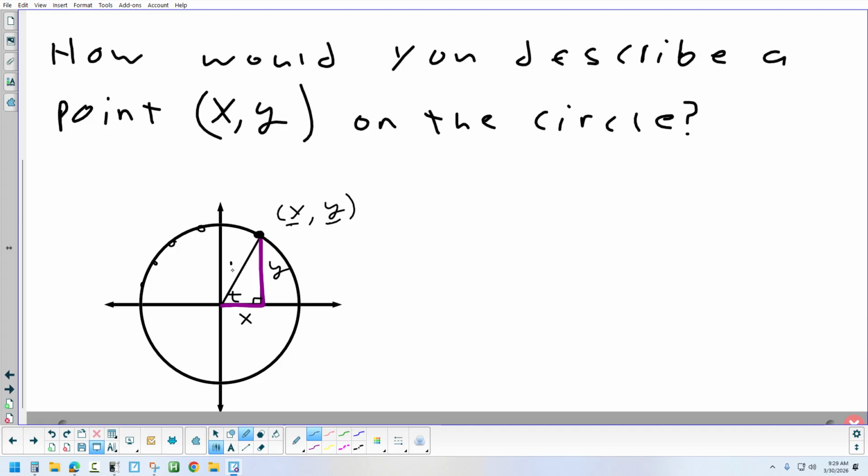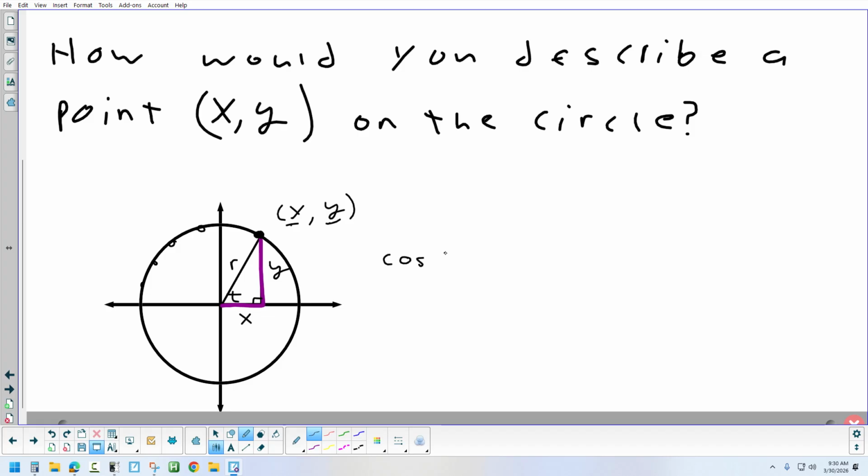Now, I don't know the radius of this circle. Could be any radius I want. Let's just call it r. What trig function would I use that would involve x, t, and r? Would be like cosine t. Yep.